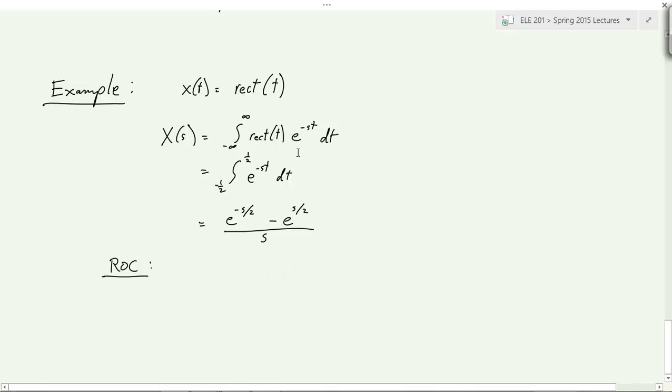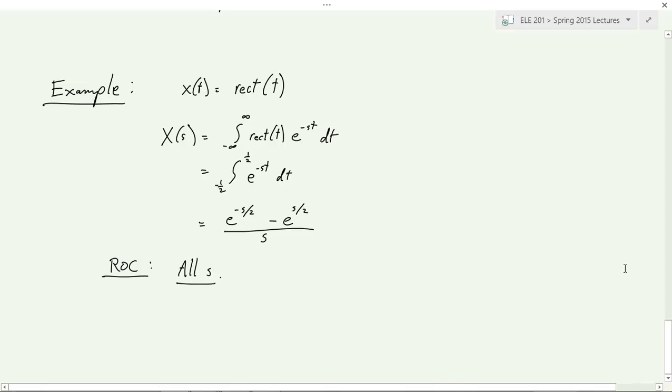Yeah, even 0, actually. But for 0, we would need another answer. So let's say for all s. Just like when we did the Fourier transform of rect, this formula doesn't hold for s equals 0. But we could plug in s equals 0 into the integral. That would be the integral of 1, and that width is 1, so it would be 1.